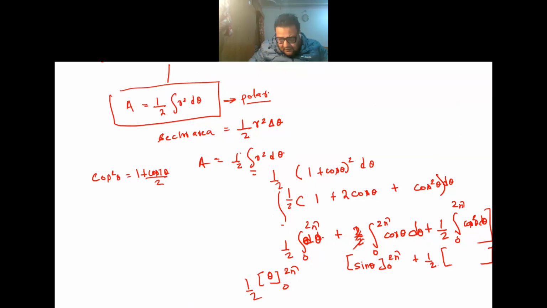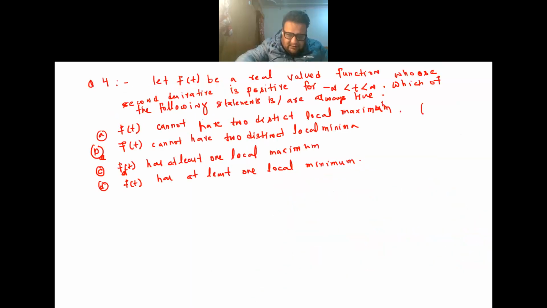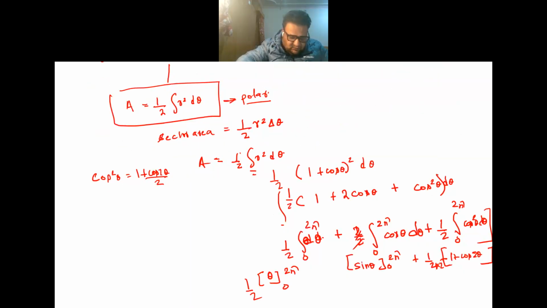Here 1 plus cos 2 theta by 2, so 2 into 2, a 1 by 4 term goes out there. And now I can easily calculate this. I can resubstitute back in the formula, and this is how I'm going to get the solution.